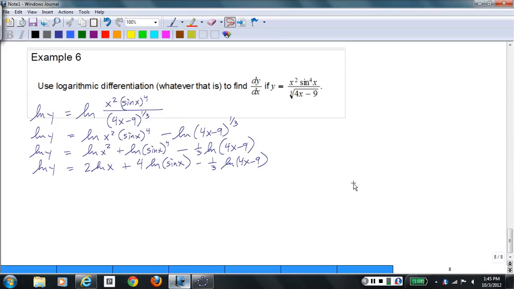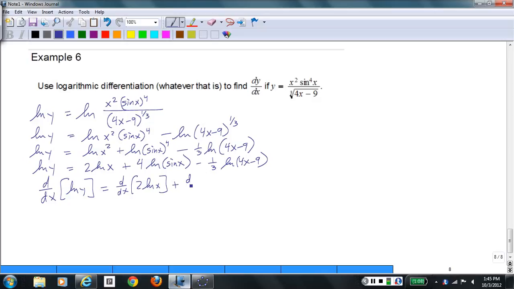All right. So differentiate both sides with respect to x. It's going to be d/dx of the natural log of y equals, I'm going to go ahead and differentiate term by term on the right-hand side, or at least write it out that way. d/dx of the entire right-hand side would be d/dx of 2 natural log of x plus d/dx of 4 natural log of sine x minus d/dx of 1/3 natural log of 4x minus 9.